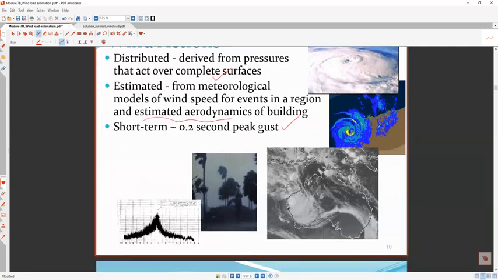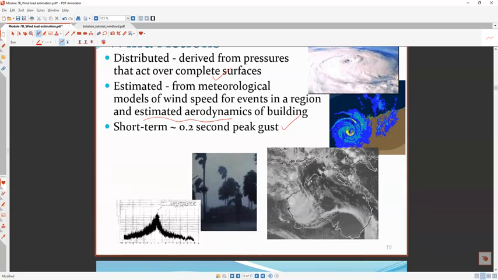This is always a short-term loading, a 0.2 second peak gust. You can see the peak gust, and some of these figures are familiar from weather reports, because they come from there. These are all cyclonic, the eye of the cyclone.